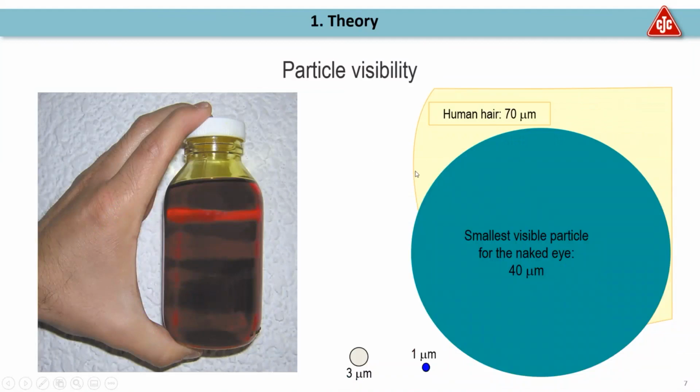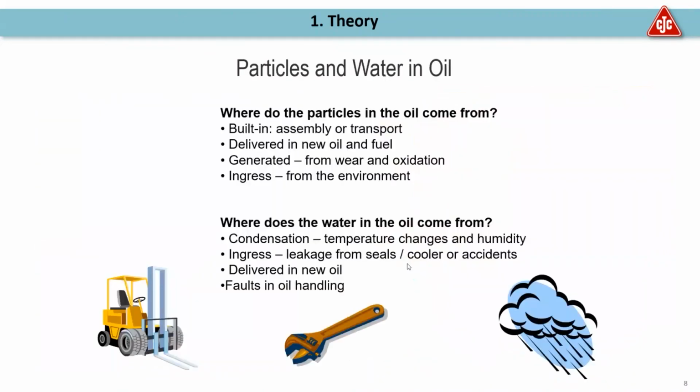When looking at particles and their visibility, the human hair is about 70 micron. The smallest visible particle for the naked eye is 40 micron, and the particles in question are 1 micron and 3 micron, in between those sizes.